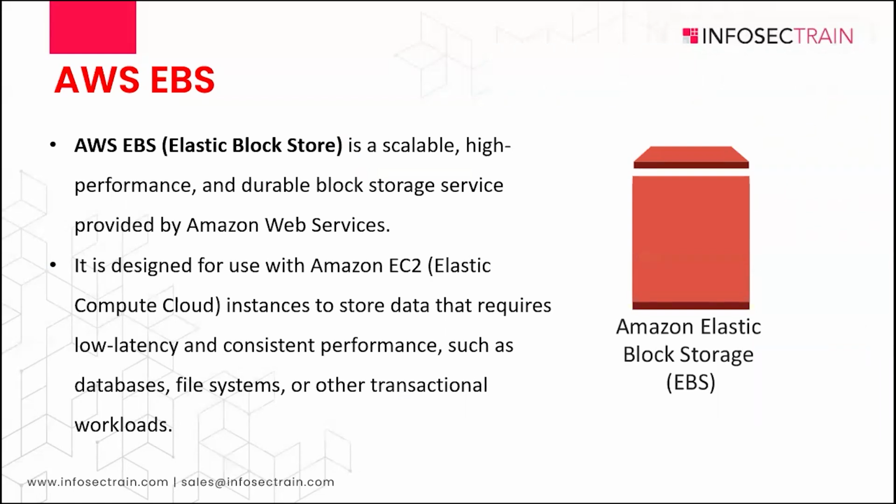So there are some properties we have with the EBS. The first is that the life of the EBS is completely independent from the life of the server. Normally, when a server is created, an EBS is also created with it. You can create it in isolation as well, but normally when a server is created, an EBS is also created with it.